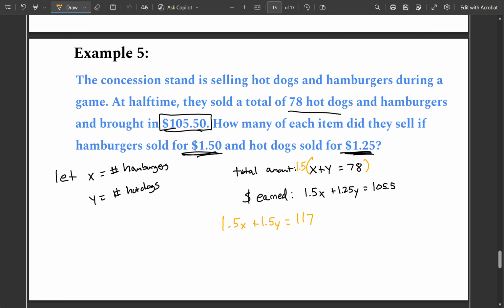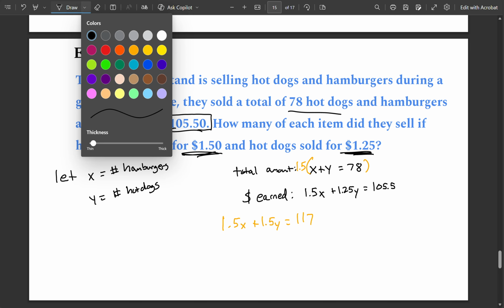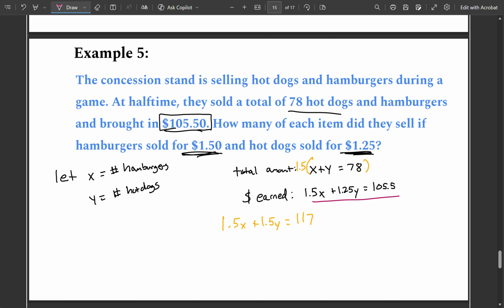117. And then the original second equation, which is right here, I'm going to rewrite: 1.5x plus 1.25y equals 105.5. All right. Now we've got our columns lined up. And in fact, we're going to be able to cancel our x column.